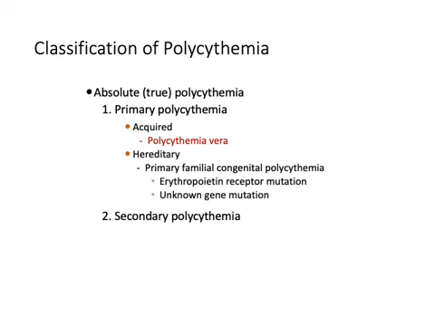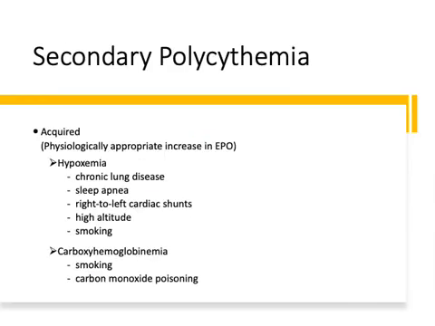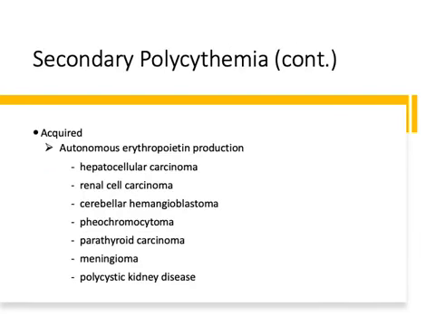Secondary causes of polycythemia are generally due to a physiologically appropriate increase in erythropoietin. These are seen in most hypoxemic states, like chronic lung disease or chronic smoking. But it may also be due to acquired or autonomous erythropoietin production, as seen in patients with various malignancies and tumors, the so-called paraneoplastic syndrome.